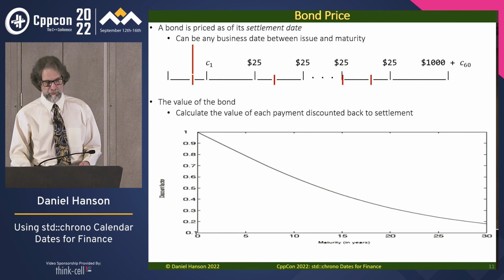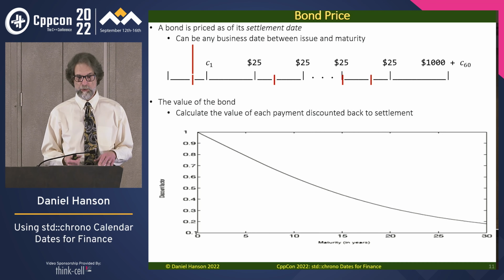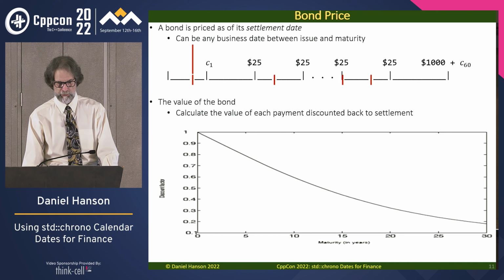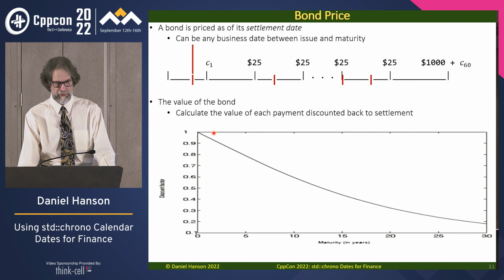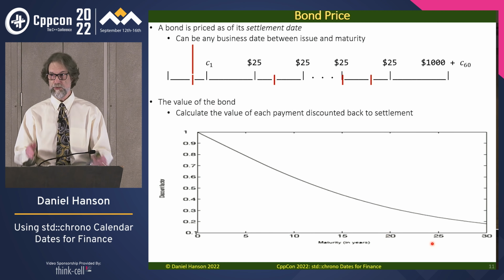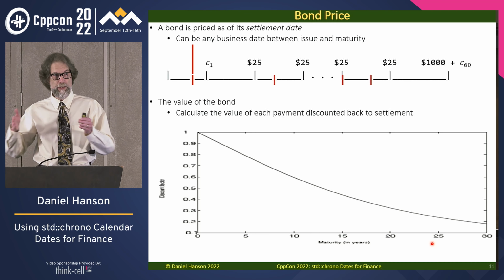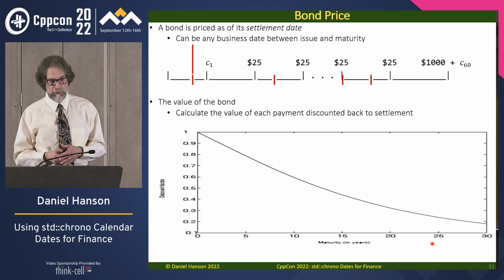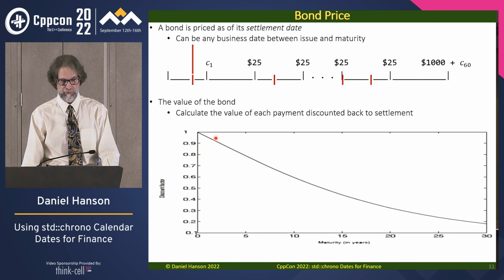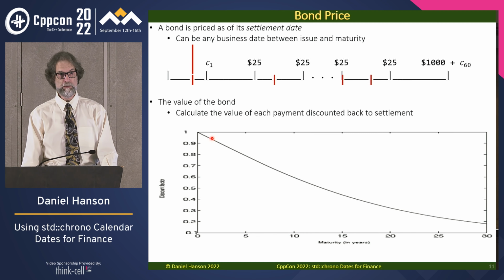But this is not a continuous curve. What happens in reality is you'll have data points here. So you'll have, say, an overnight rate, then 1 month, 3 months, 6 months, 1 year, 2 years, 5 years, and so forth, 10 years, 20 years, 30 years, and they get wider and wider as you go out in time. So what you need to do is interpolate the discount factor from market data.